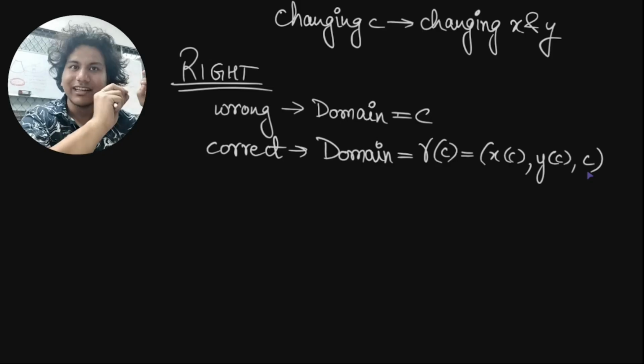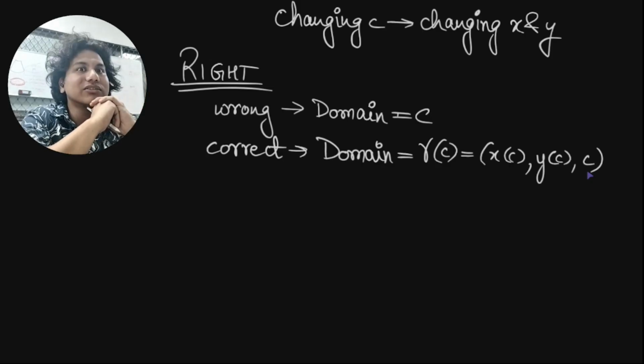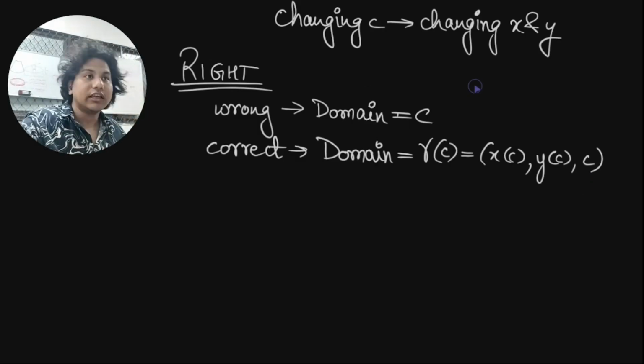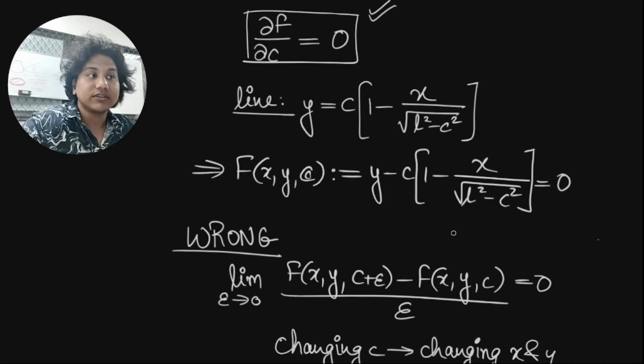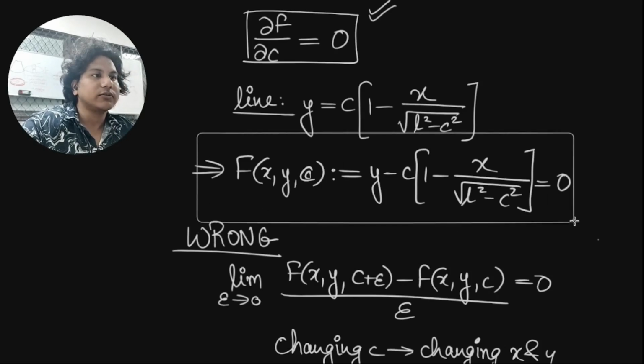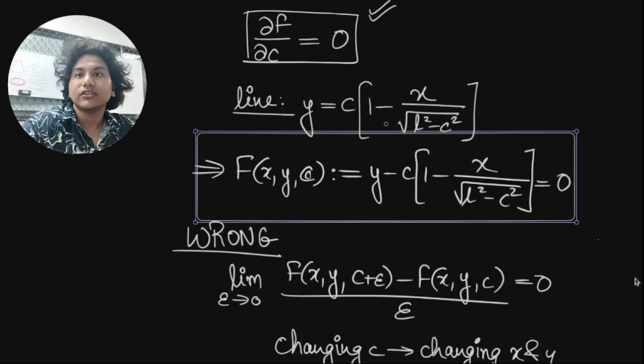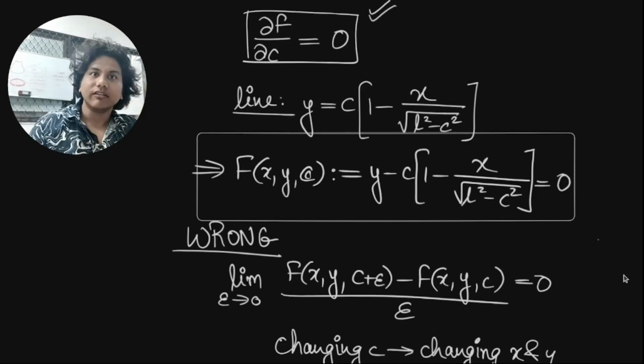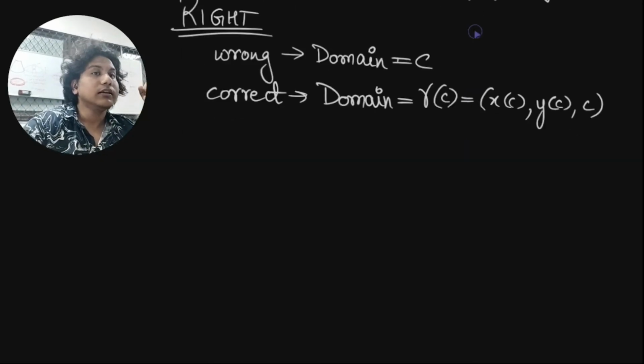And there's a very neat trick, which is quite fantastic, for dealing with this kind of problem. We have seen that the implicit function is constant. This function, and I'll just draw a box around this, is constant. So for all values of c, this function will always be zero. That is how we have defined the line, right?